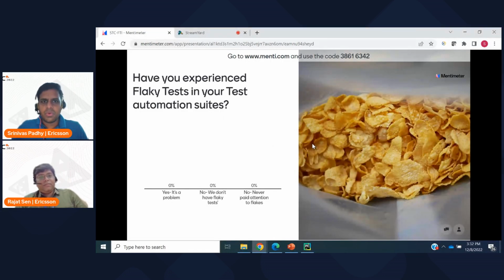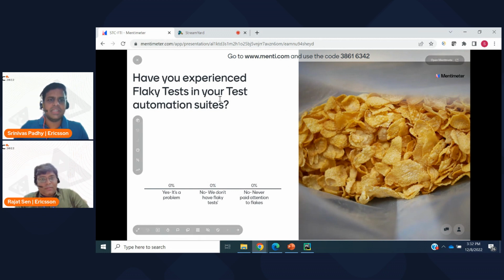I would request the audience to go to menti.com and use this code and tell me, have you experienced flaky test in your test automation suites?